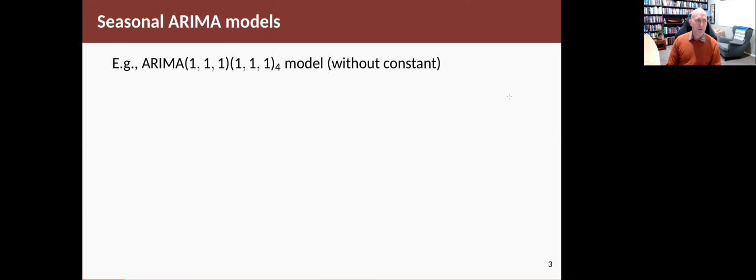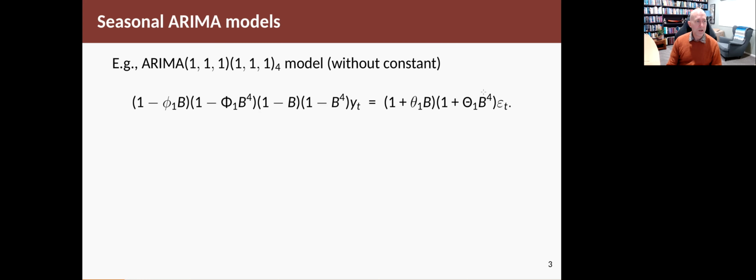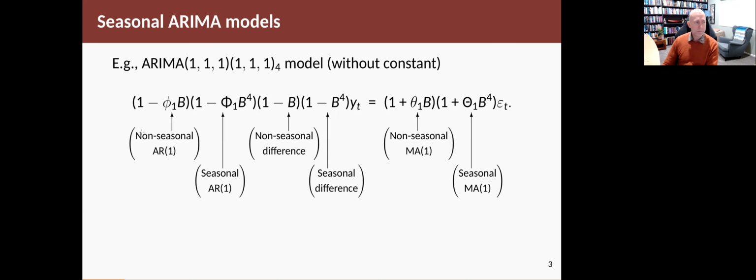So let's look at an example where it's an ARIMA(1,1,1)(1,1,1)4. All of the non-seasonal things are 1, all of the seasonal things are 1, and it's for quarterly data, so m equals 4. I'll leave off the constant just to keep the equation slightly simpler. If I write it out in backshift notation, it looks like this, where the first term describes the non-seasonal AR(1), so that's the p equals 1.